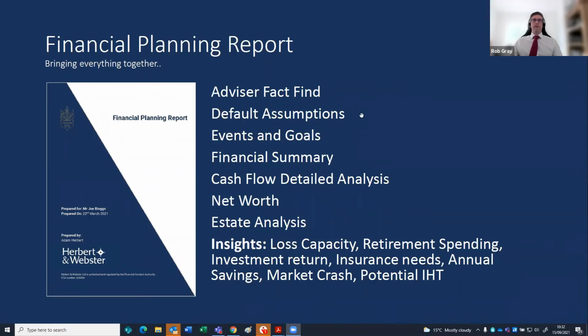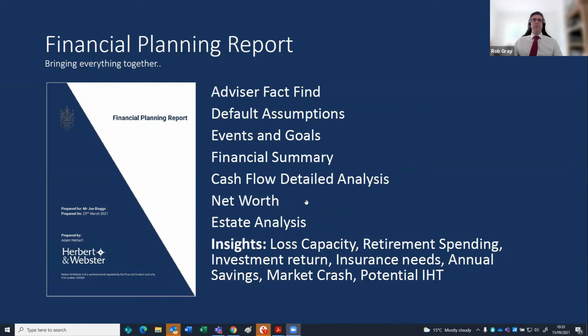We can provide a record of the default assumptions, so they can come back and see exactly what data we used to project the plan. They have a record of all of their events and goals. The financial summary just gives an overall view of what the future looks like. They've got the cash flow, a detailed analysis which shows year by year where their money will get spent.